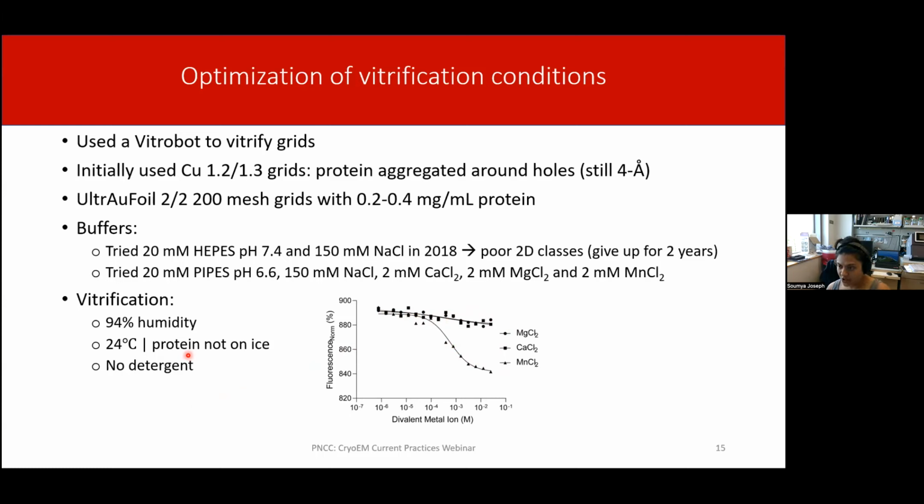The vitrification conditions also were 94% humidity at 24 degrees. This protein doesn't seem to like ice. There's other data from thermal denaturation that suggests we shouldn't put the protein on ice. And of course, it's a soluble protein, so I didn't use any detergent.